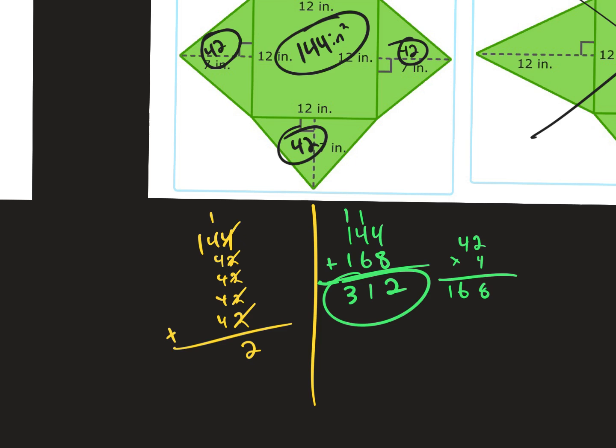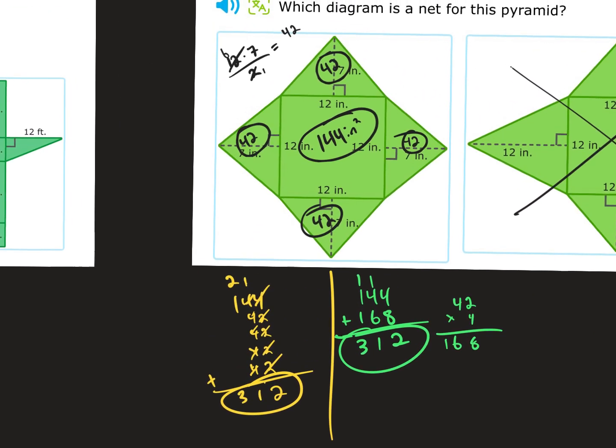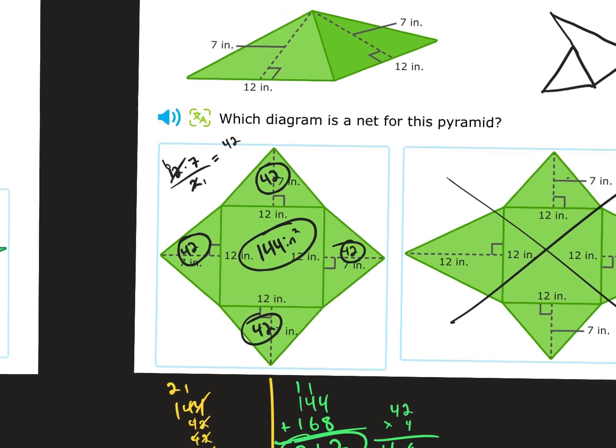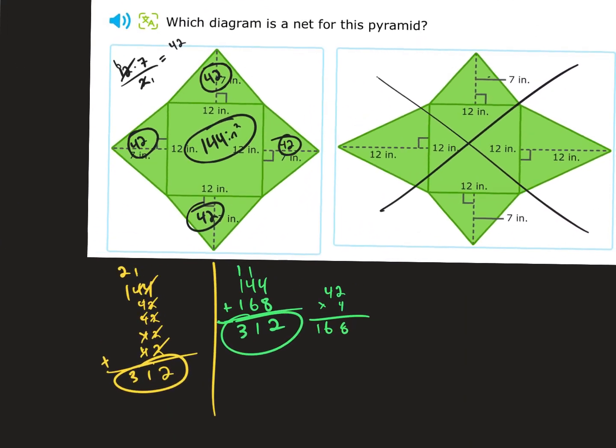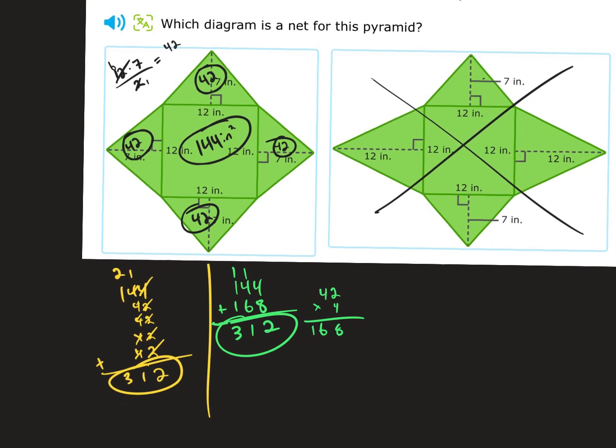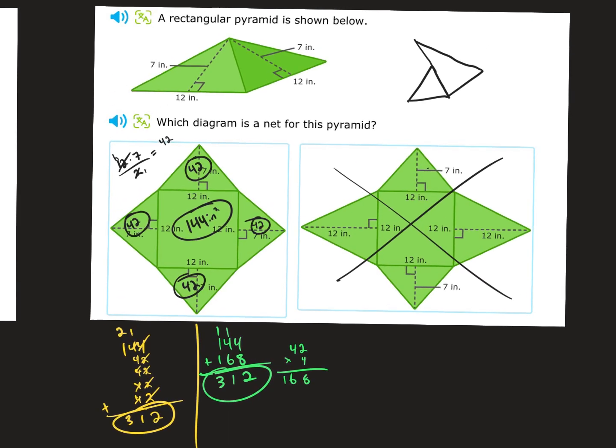And then 4 times 1, 2, 3, 4, 5, that gets me 20, plus 1, 21, 2 plus 1 gets me 3. So the surface area for this rectangular pyramid is 312 square inches.